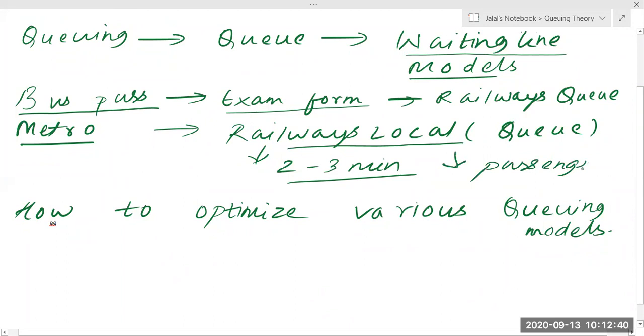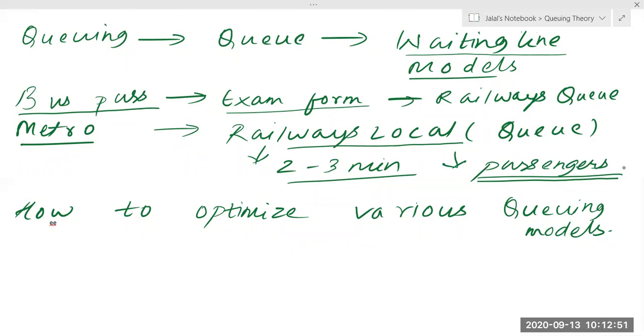I think they have optimized a lot. This is one of the research areas of IIT Bombay also, to optimize various queuing models based on the number of passengers at that point of time. This is one of the main concepts.